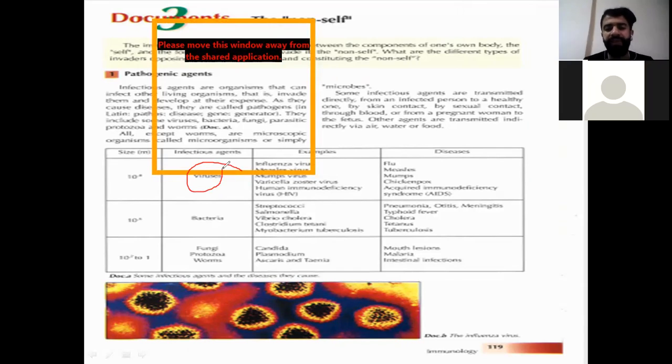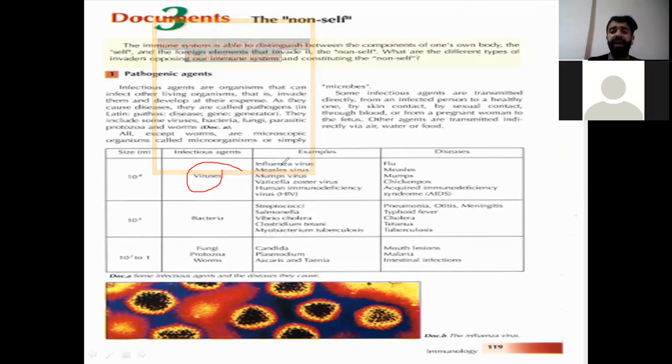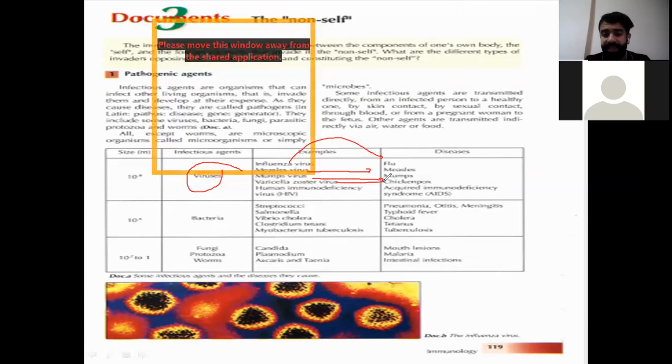For example, we have the influenza virus, the measles virus, the mumps virus, the varicella zoster virus, the human immunodeficiency virus, HIV. Influenza causes the flu. The measles virus causes measles. Mumps virus causes mumps. The varicella zoster virus causes chicken pox.